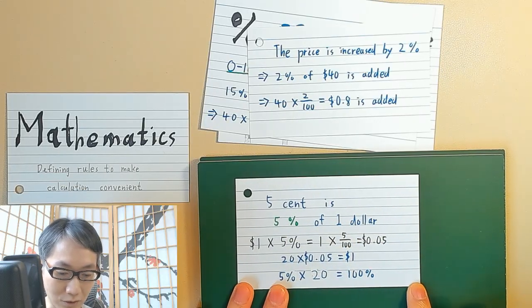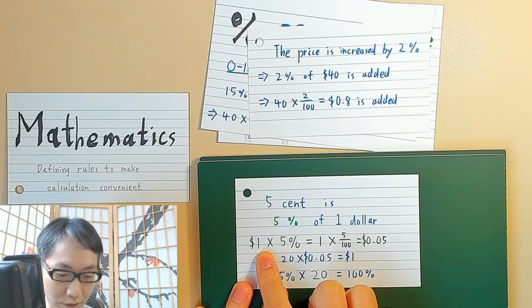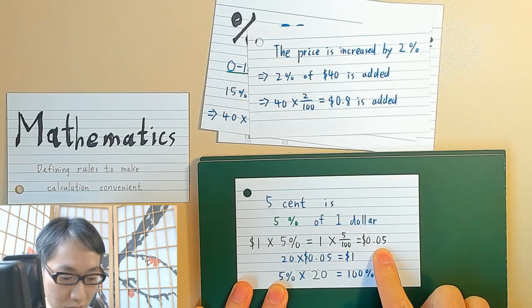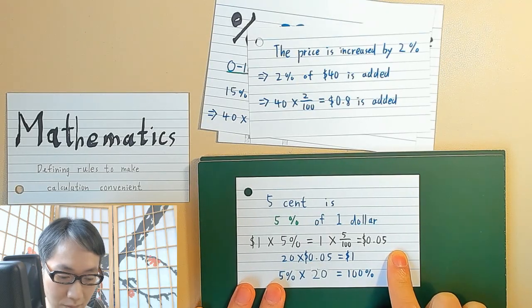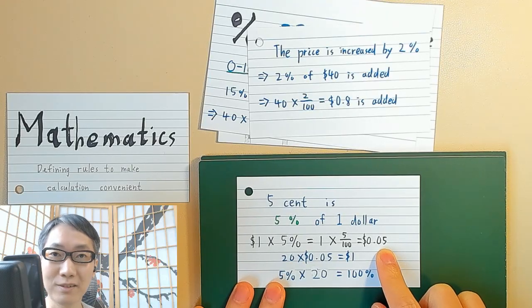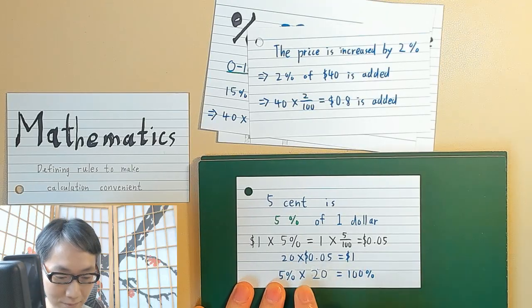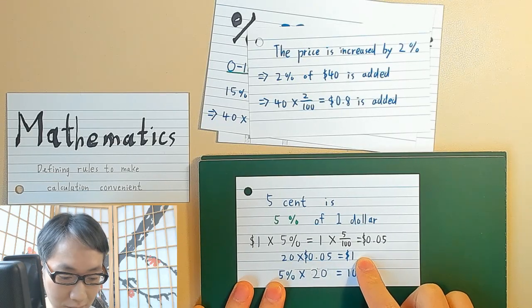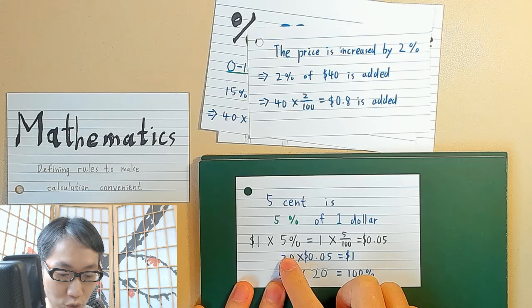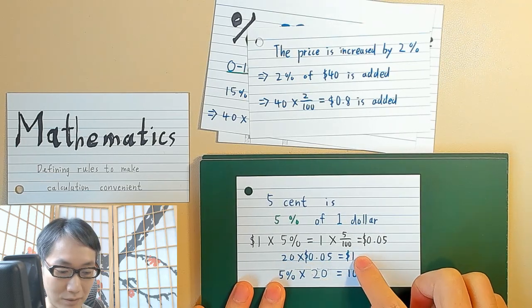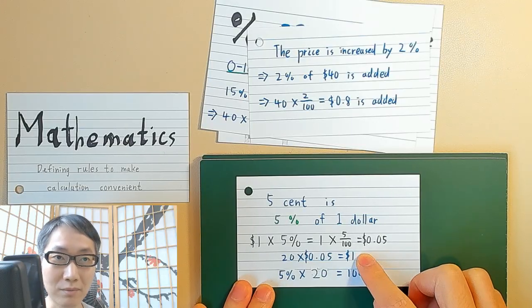So if we calculate how much is 5% of $1, so 1 times 5 over 100, then we have $0.05. And this is also known as 5 cents. Okay. Then we can get the $1 back by multiplying the 5 cents by 20. Let's say we have 25 cents, then we have $1.